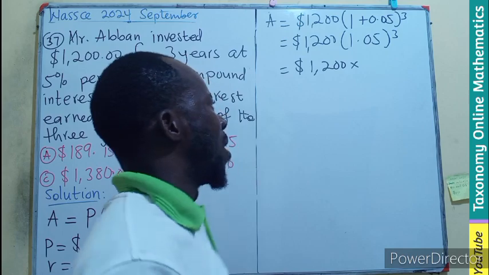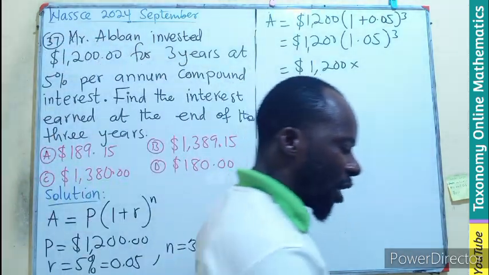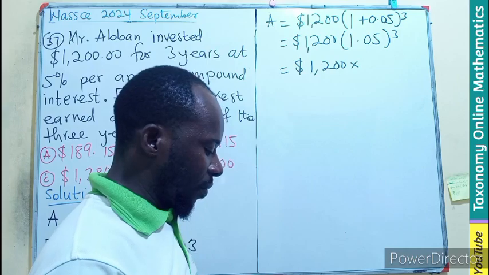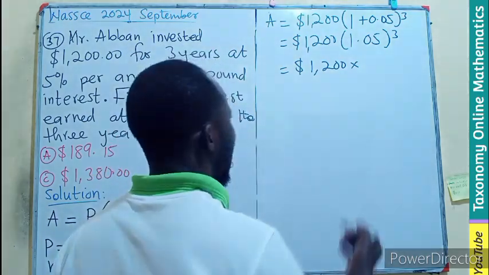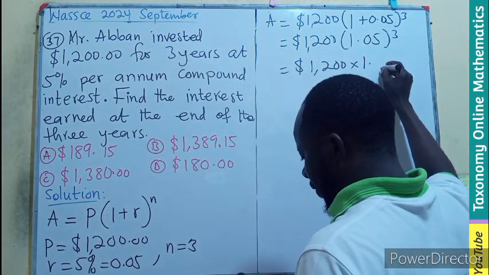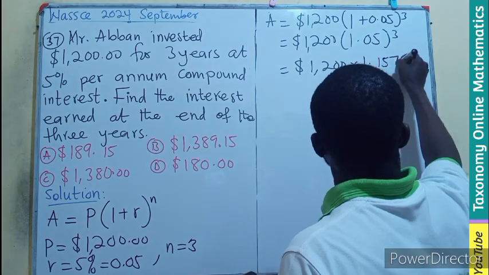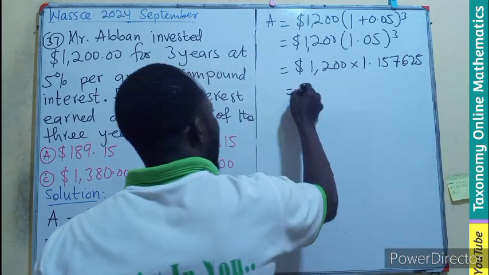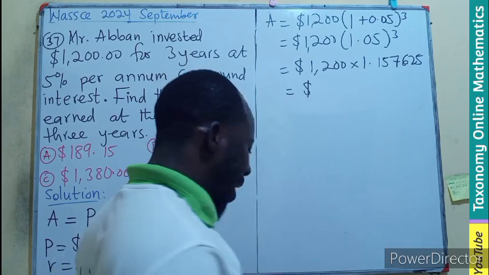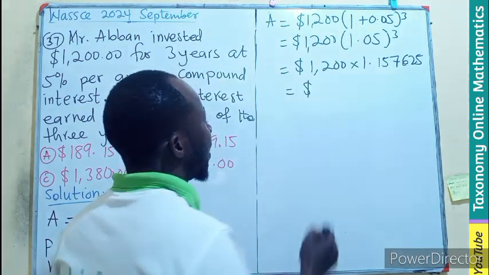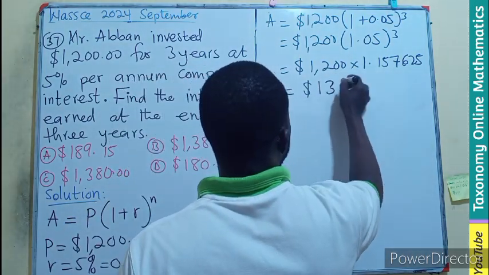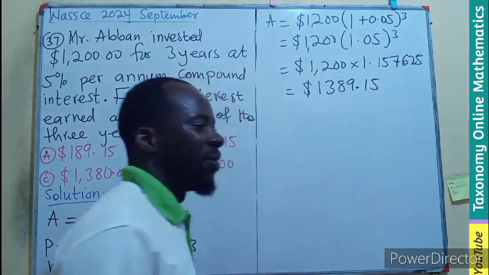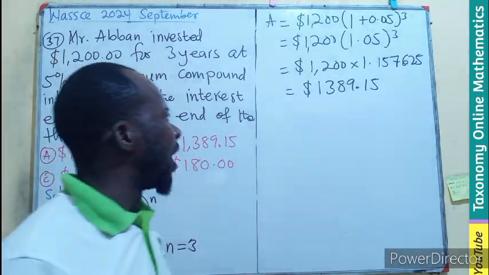So now let's find 1.05 exponent 3 and see what that will give us. So that will be 1.157625. So when we multiply all together, that will give you 1,389.15. That's 15 cents, right?